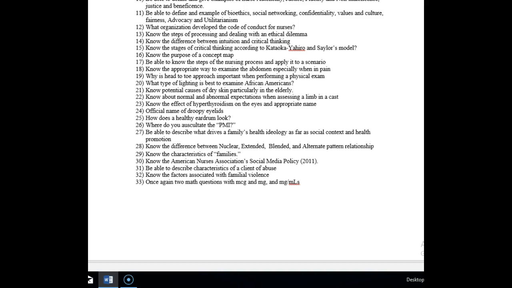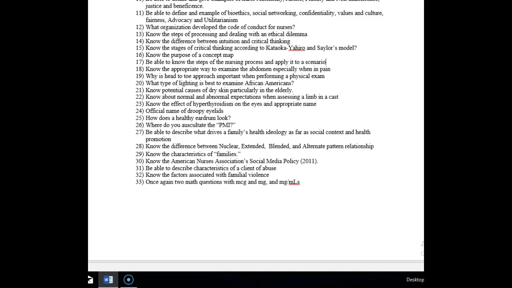As far as potential causes of dry skin, particularly in the elderly, well, it could be a lot of different things.